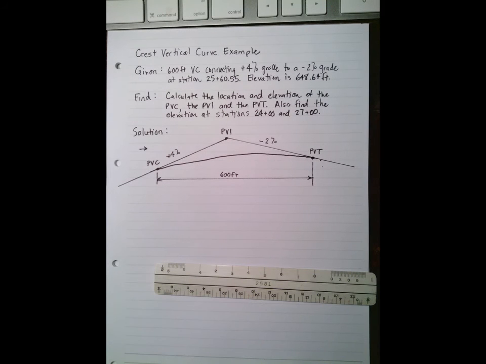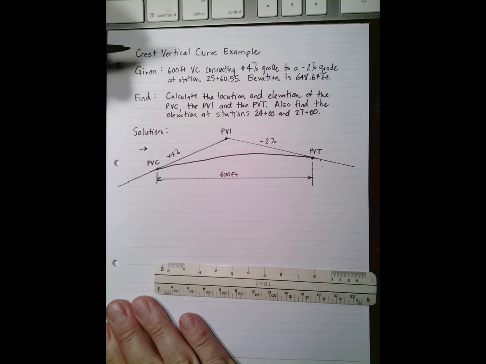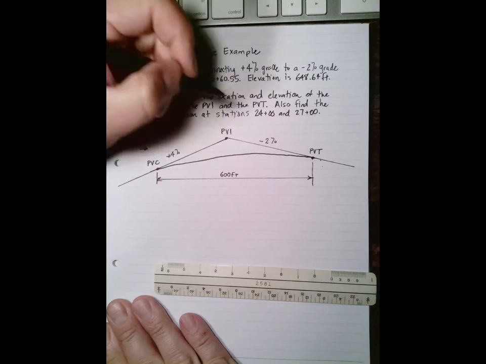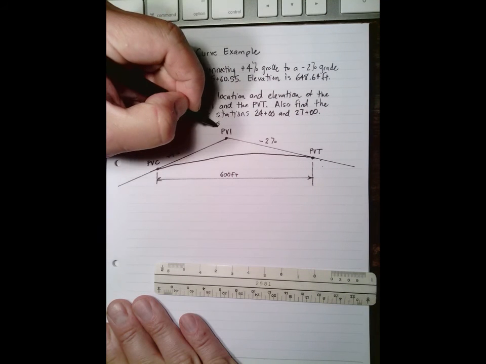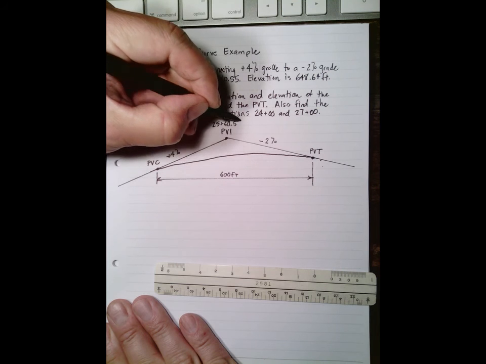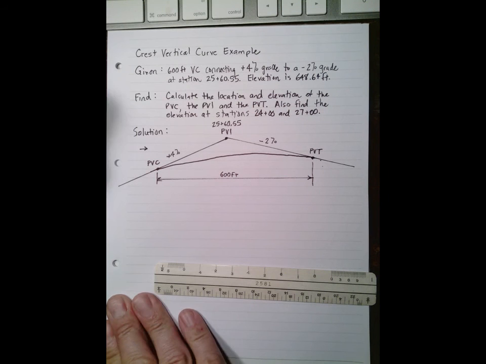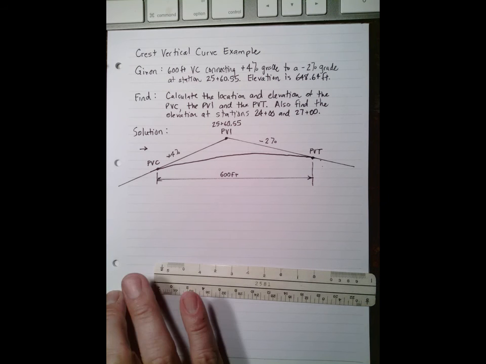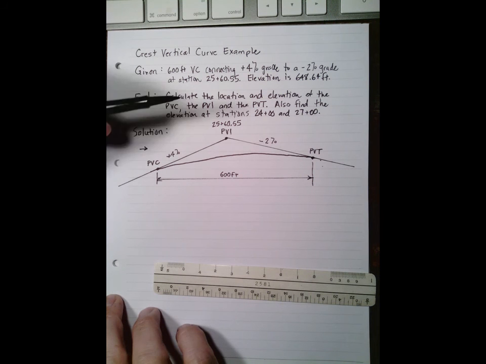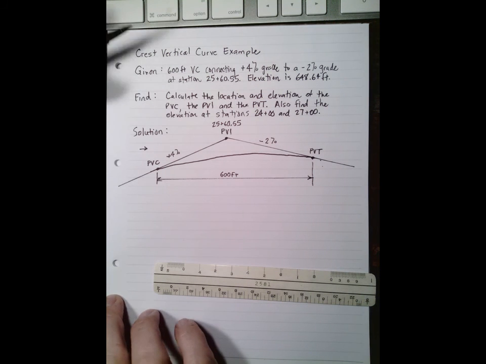So when you're drawing the picture, you want to make sure you draw it large enough so that you don't get stuck running out of room. So just to label the pieces of information we know, the PVI is station 25 plus 60.55. Now, in this particular problem, of course, we can calculate the stationing of the PVC and the PVT because we know the length of the curve.